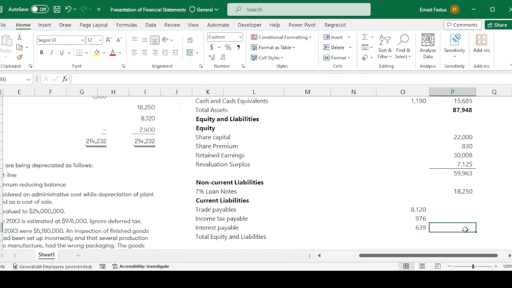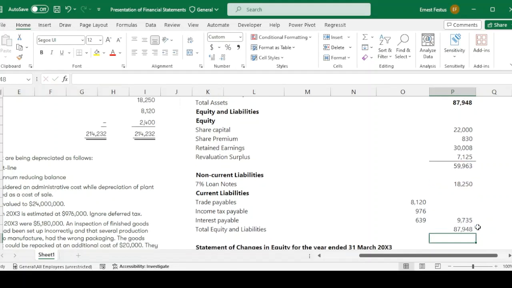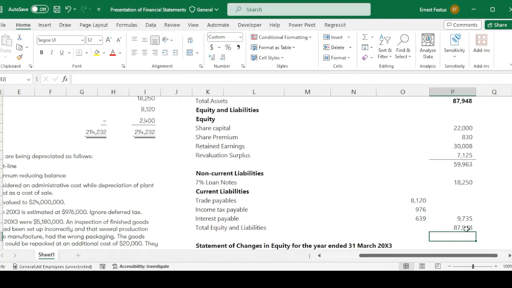So I'm going to have alt equals, and then I have that. We can now calculate the total equity and liabilities, and that is going to be equal to this plus this plus this, and there we have it.